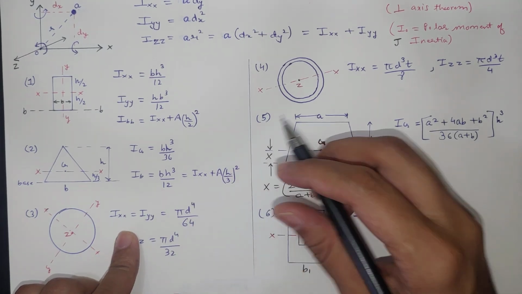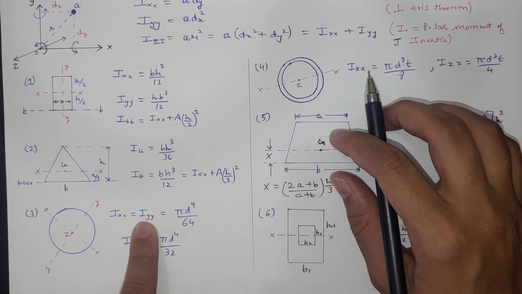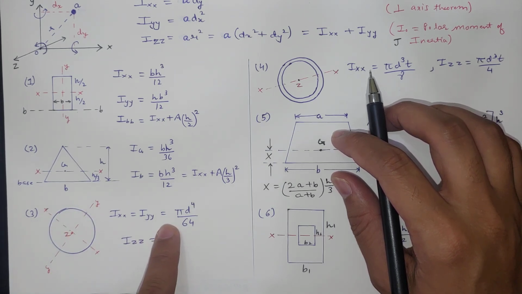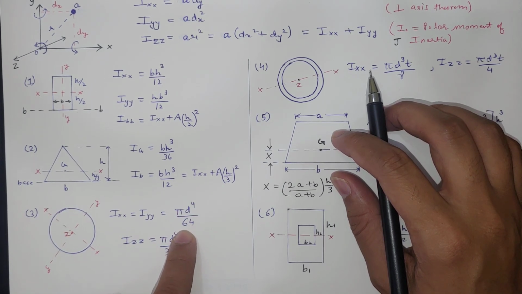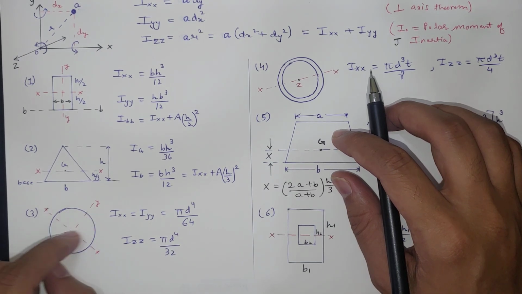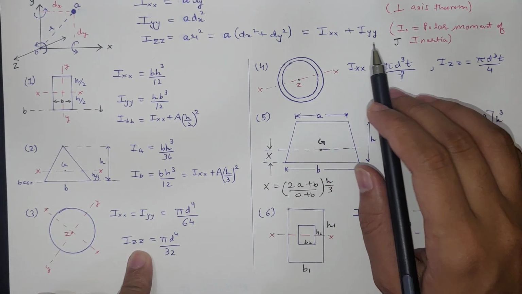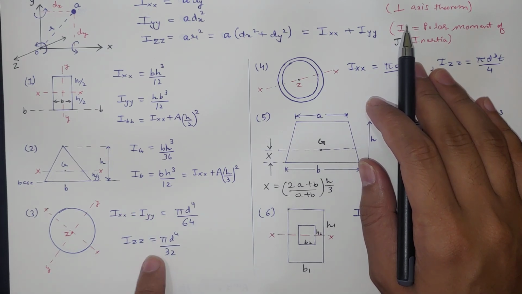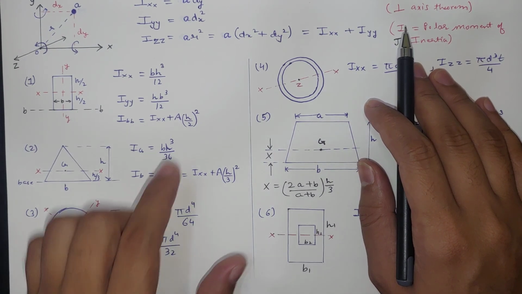So here Ixx and Iyy will be same because it is passing through the diameter. Similarly any diameter will have the same moment of inertia. Here it will be equal to pi d raised to 4 by 64, and d is the diameter of the circle. Izz we know from the perpendicular axis theorem that it will be the summation of both these, so it will be pi d raised to 4 by 32.